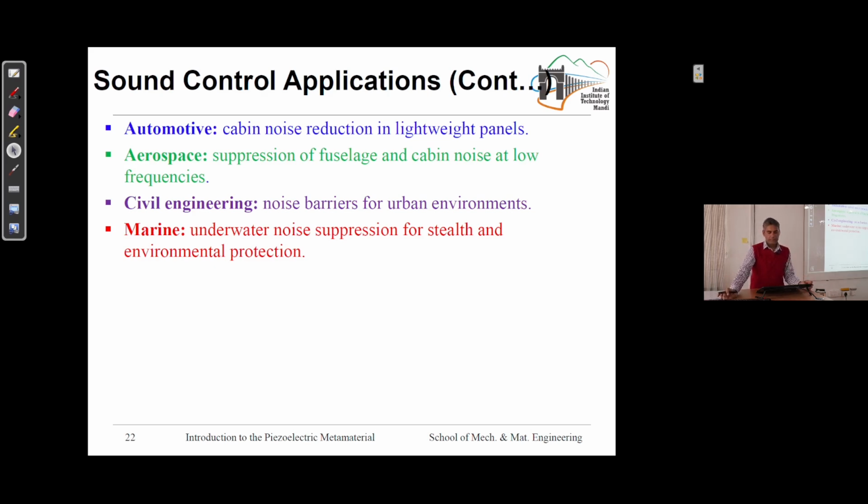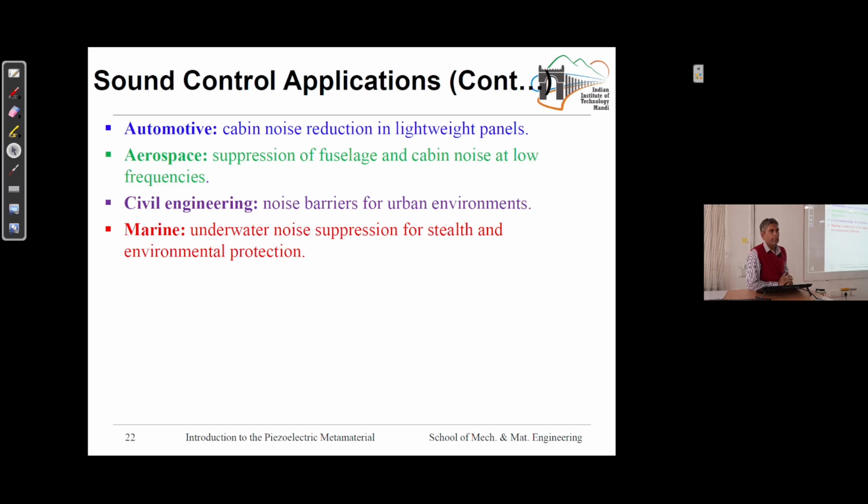See, traditionally piezoelectric materials are used to control or suppress vibrations for thin structures. But recent applications are showing that they can be used for thicker structures as well. Of course, that would be piezoelectric metamaterial.